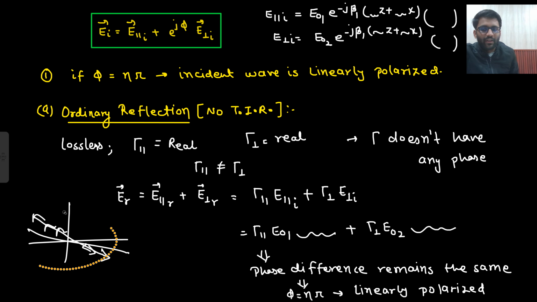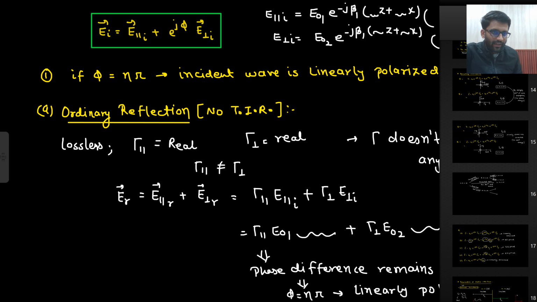But now if the medium were lossy, let me add a page for lossy medium. For lossy medium, what will be the case? Gamma perpendicular will have some magnitude, and it will have some phase as well, no?